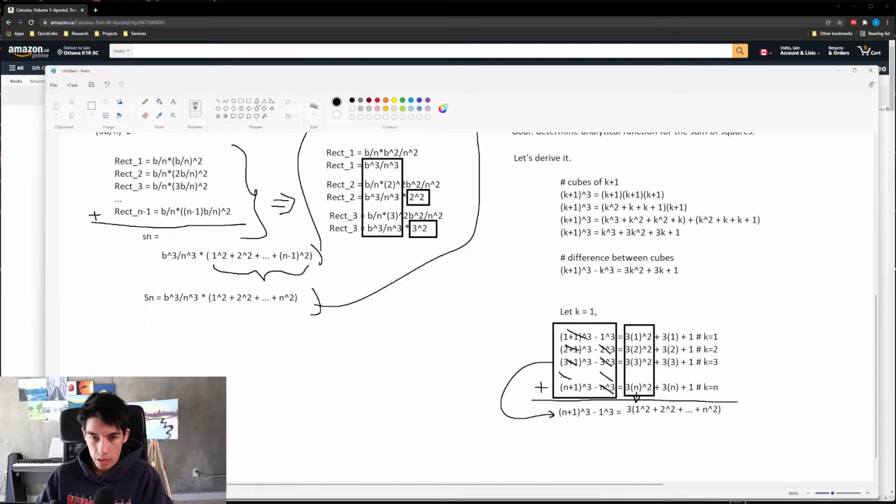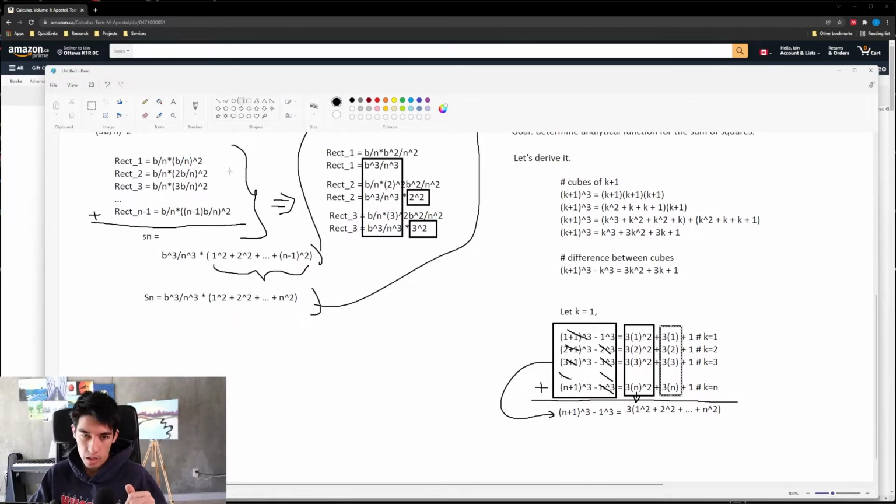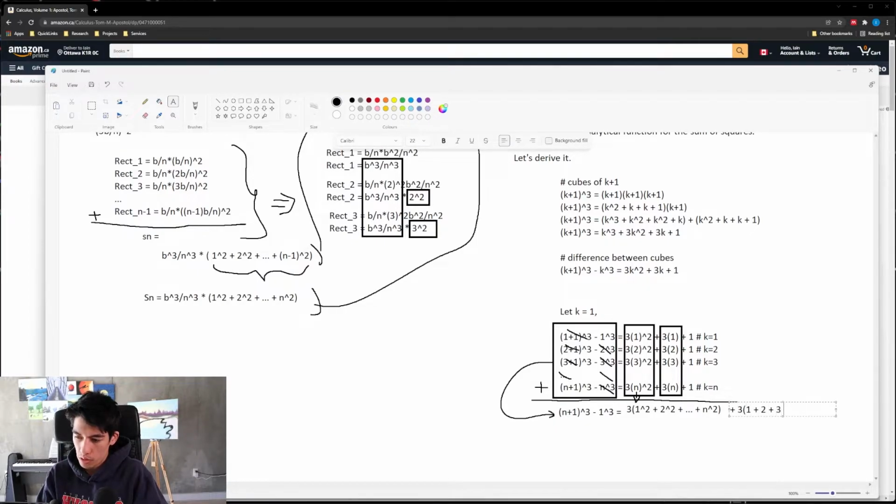The next section we'll tackle is this part right here. Again, common to all terms is the 3, so we can factor that out. And this will be plus 3 times 1 plus 2 plus 3 plus n.